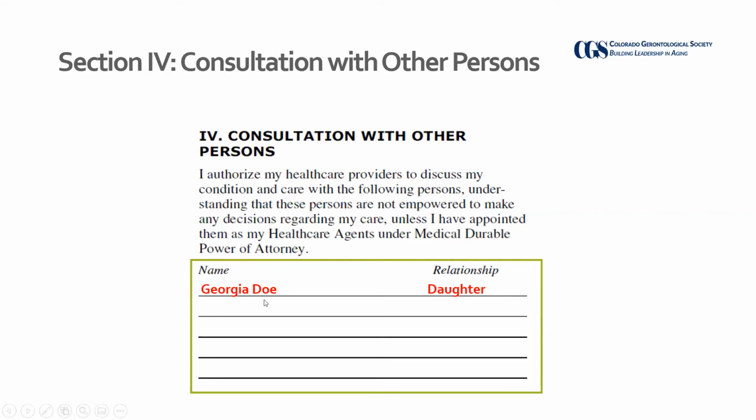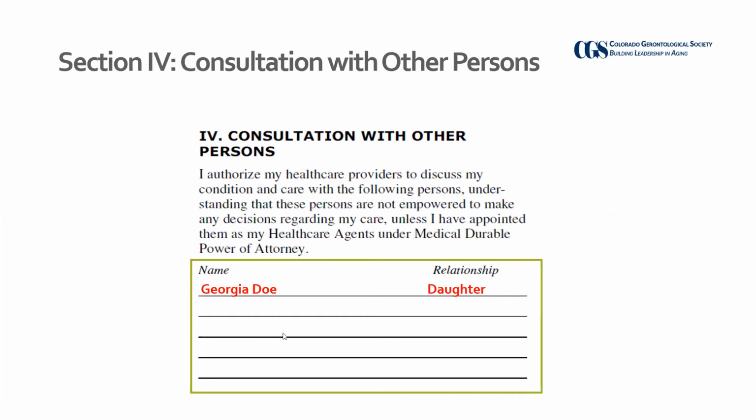So once again, make sure you include a full name, and you do have to include the relationship that you have with this person. This form has 5 different lines for you to go ahead and document.